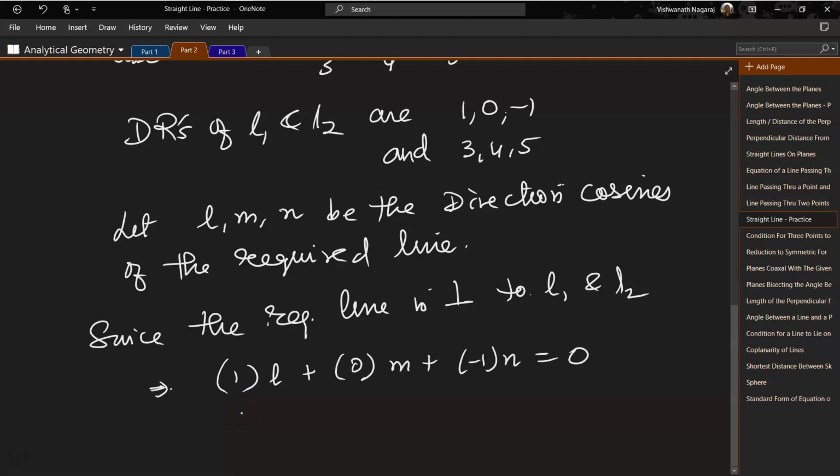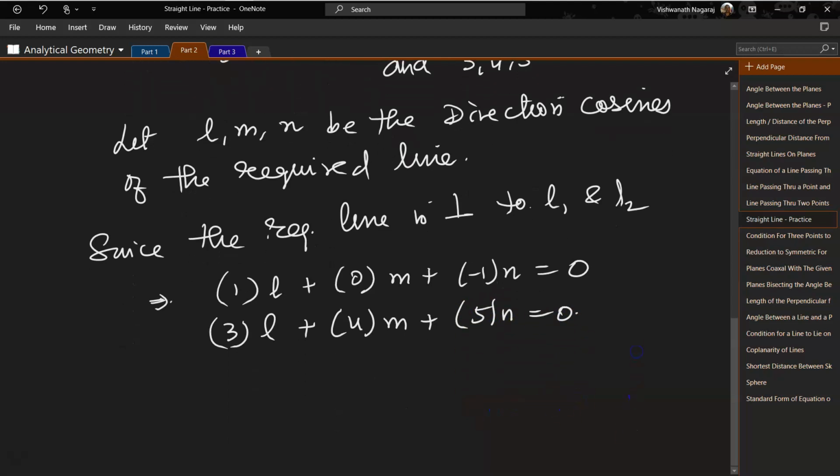Similarly, it is perpendicular to the other line also, so 3L plus 4M plus 5N is equal to 0. Removing the brackets: L minus N equal to 0, and 3L plus 4M plus 5N is equal to 0.